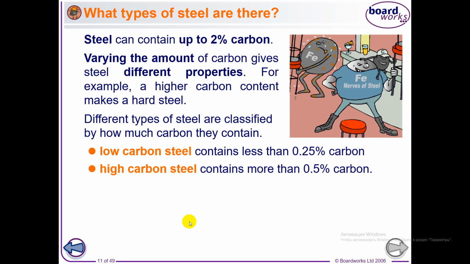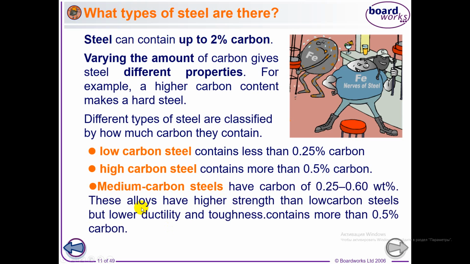The next type of steel is medium carbon steels, which contain more than 0.25% and up to 0.6% carbon.